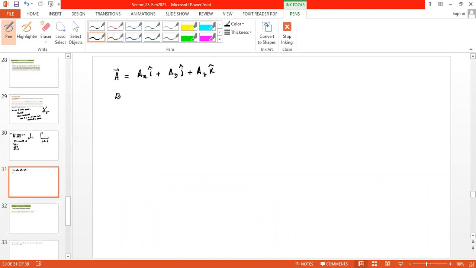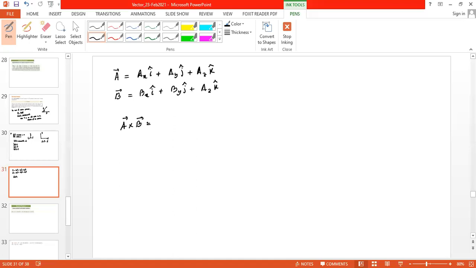And the other vector B is equal to BX I plus BY j plus BZ k, okay? Then I want to make a vector multiplication between them. That is, I want to do A cross B.